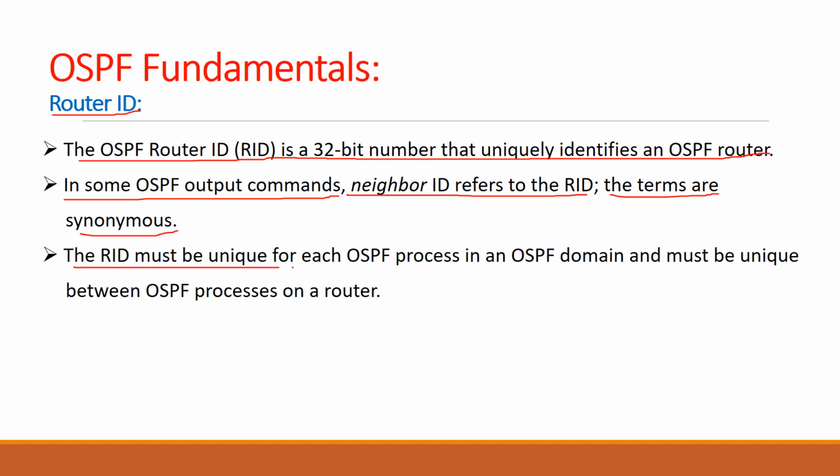The RID must be unique for each OSPF process in an OSPF domain and must be unique between OSPF processes on a router. And the router ID is represented in the dotted decimal format. So it's like 10.1.1.1.